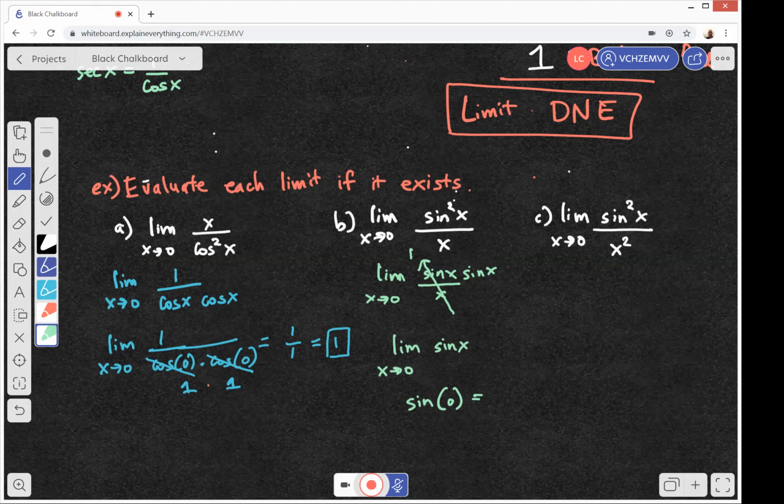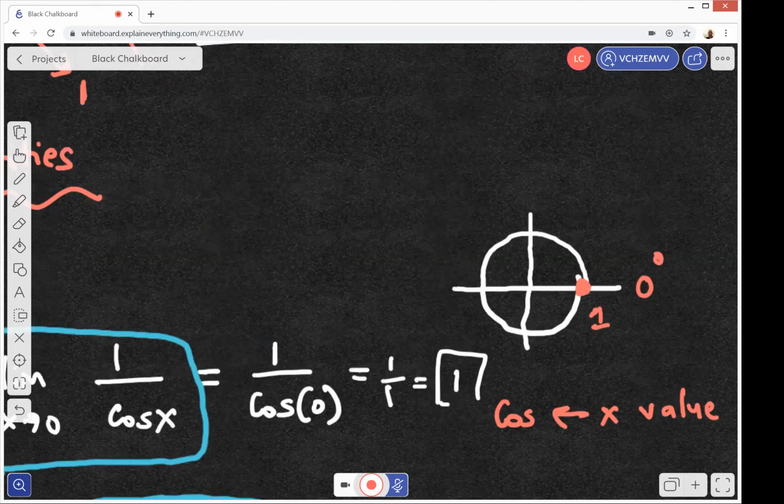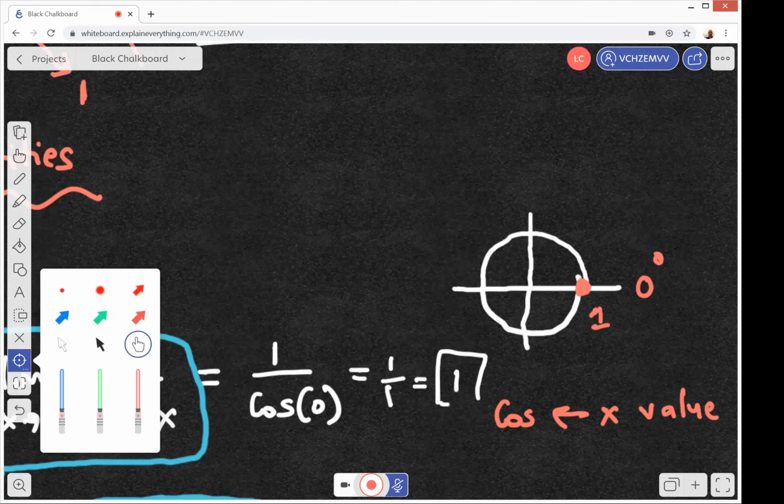Let me go back there for you guys real quick. There's our unit circle. We are trying to figure out what sine of 0 is. Let me get my pointer for y'all. On the unit circle, if we're at 0 degrees and we're trying to find sine of 0, sine represents the y value.